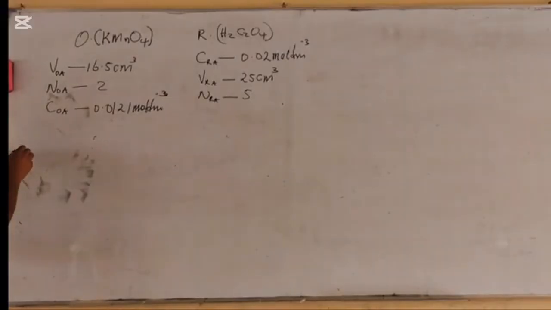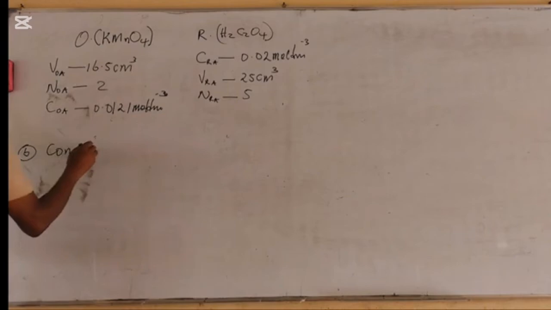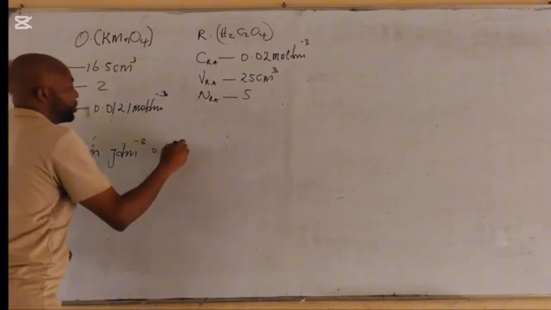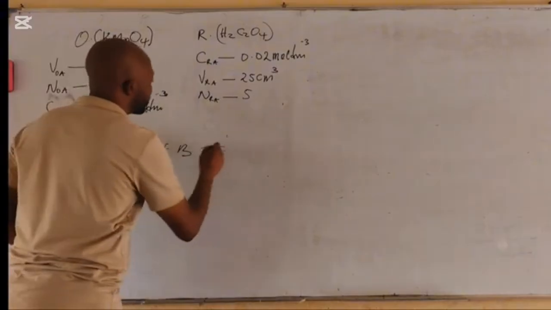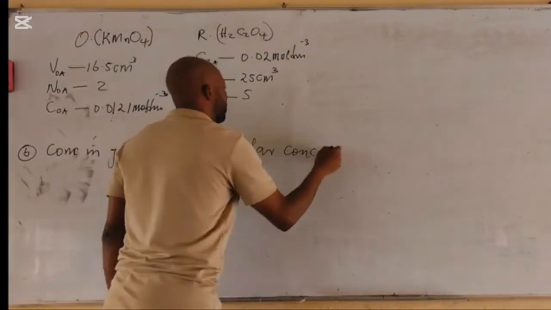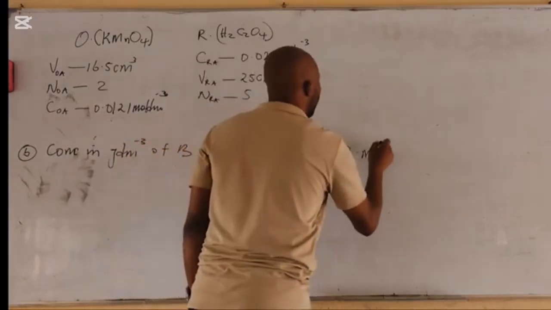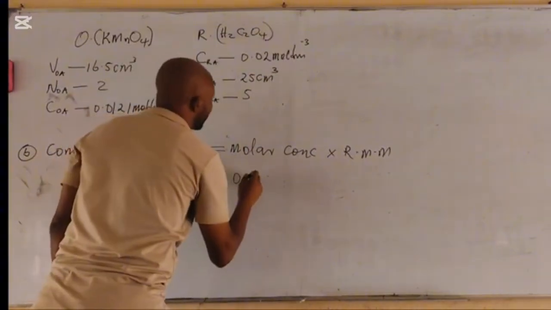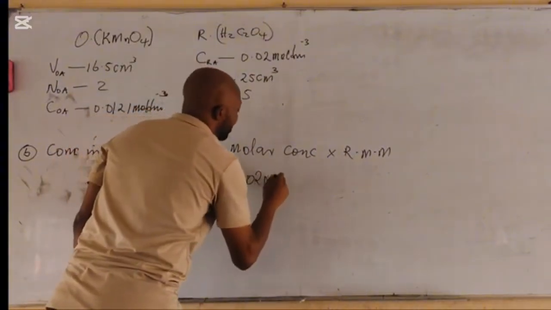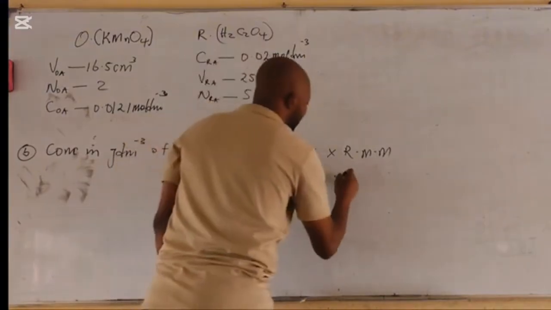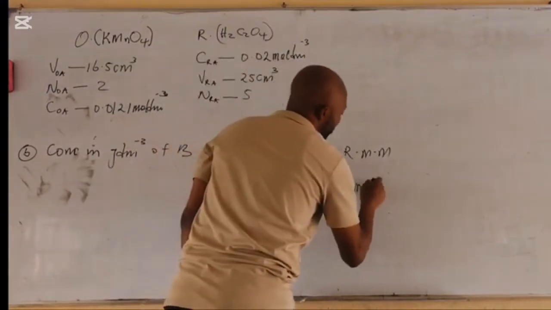Question B. Conc in g/dm³ of B is equals to the molar conc times the relative molecular mass. The molar conc is given to be 0.02 mole per dm³ times the relative molecular mass is 90 g/mole.